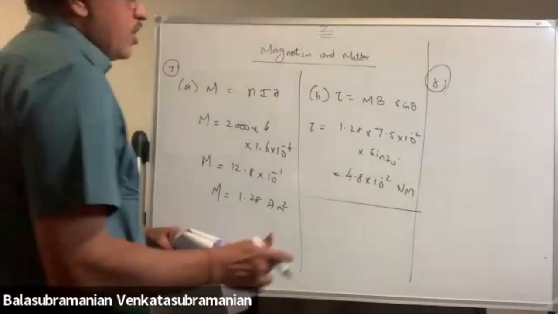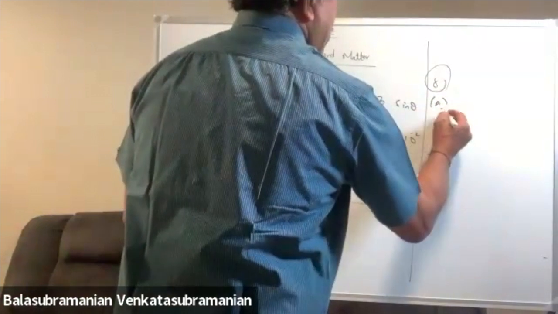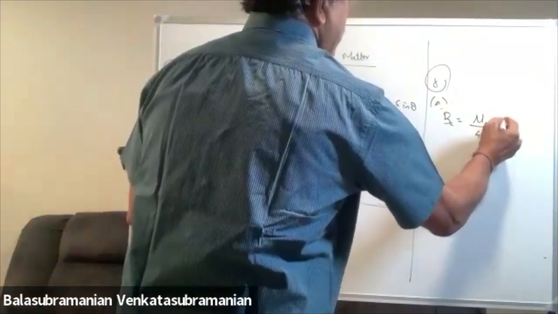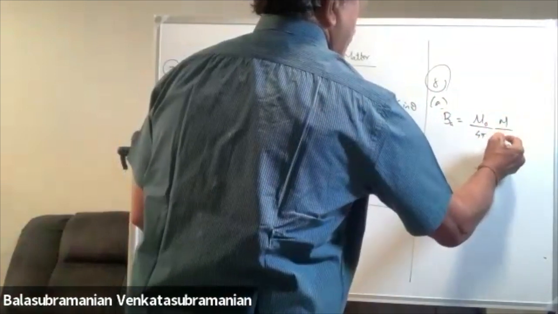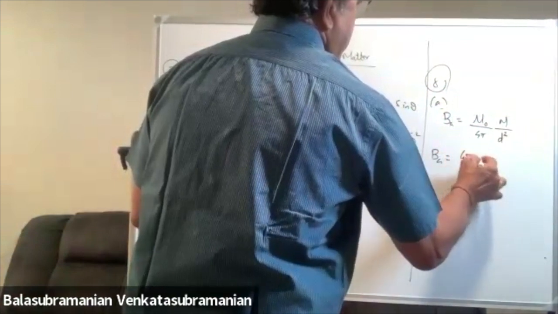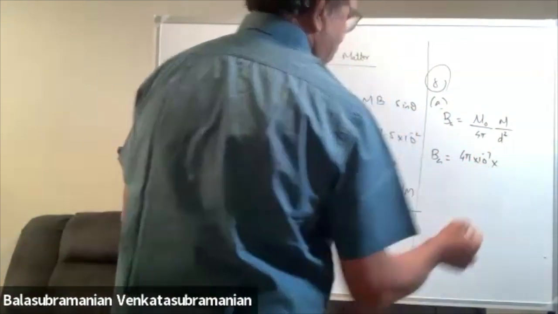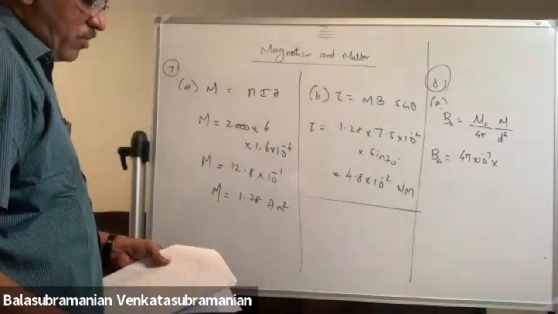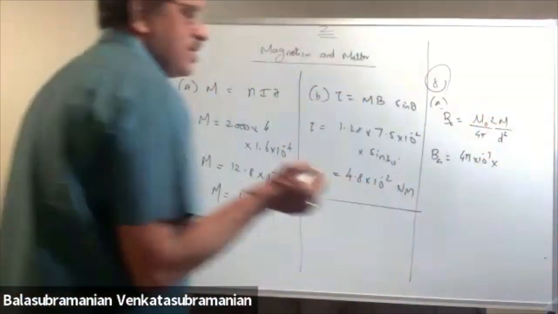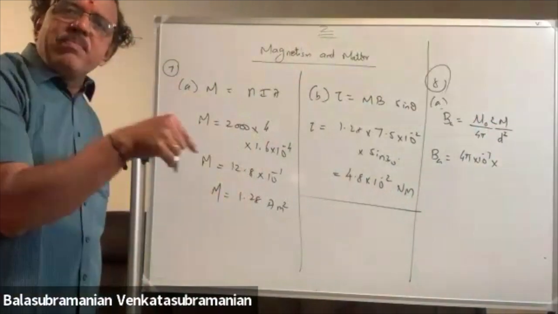Magnetic field along the axial line, B axial, is mu naught by 4 pi into m by r cube, or m by d cube. For the axial line it is 2m by d cube, and for the equatorial line it is m by d cube.